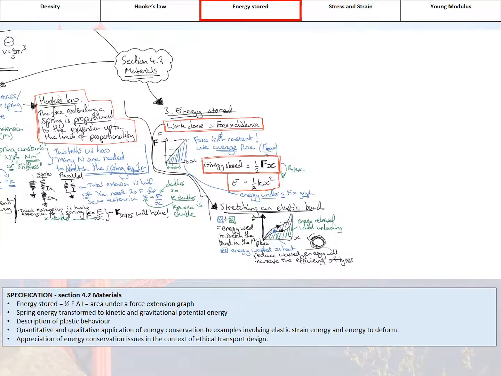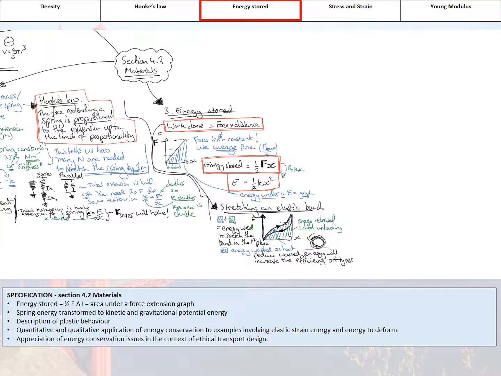If you can make the unloading line as close as possible to the loading line, that area will get smaller and smaller, and there'll be less energy lost when you squash the tyres as the car rolls forwards, and you'll lose less energy as heat. And that would be quite useful.